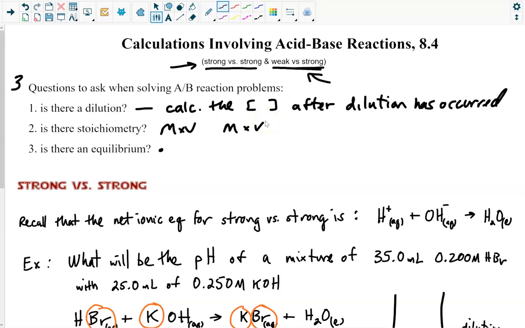Okay, and so in this idea of is there stoichiometry, we're going to look at a new kind of table that's like an ICE table, but it's called a before, change, after table. It's going to be key to doing the stoichiometry in this acid-base reaction.